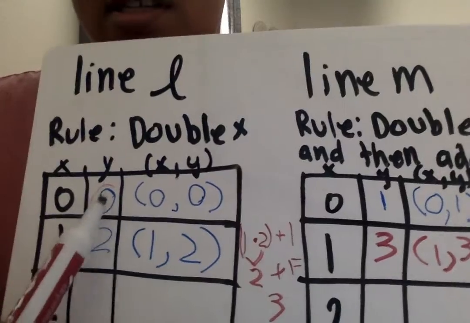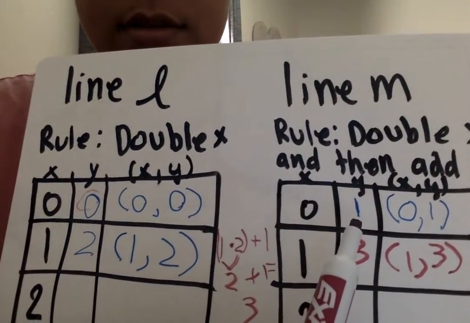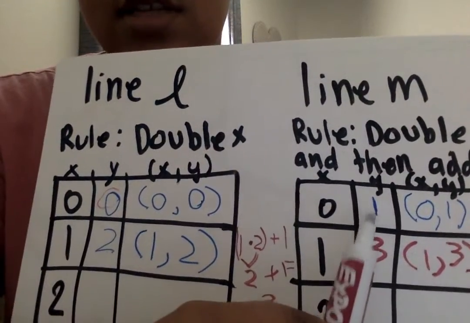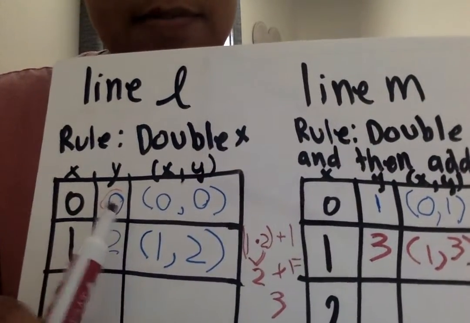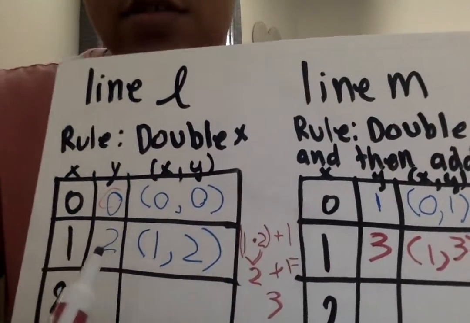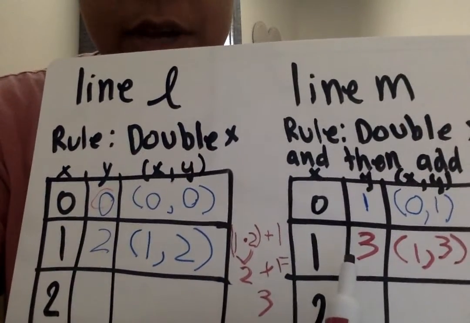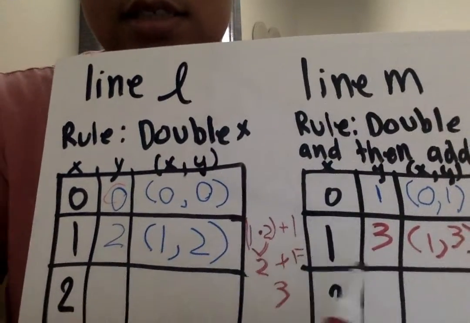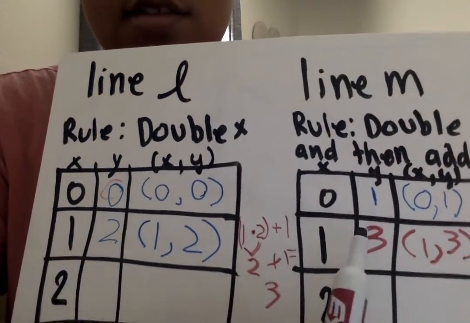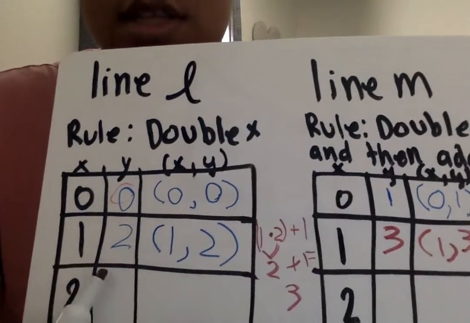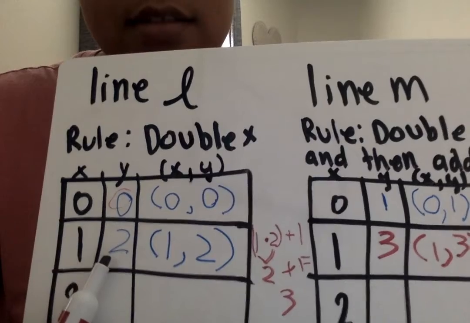So when you're comparing 0 to 1, I see this one is less than this one, and this one is 1 more than this one. When we're comparing 2 and 3, so this y-coordinate, and comparing this y-coordinate, I see this one is less than, and this one is greater than. So the y-coordinate for line M is 1 more than this y-coordinate for line L.